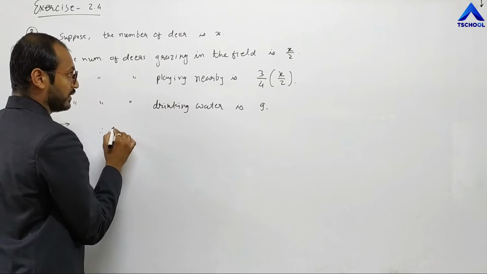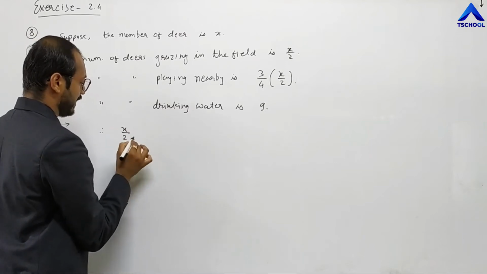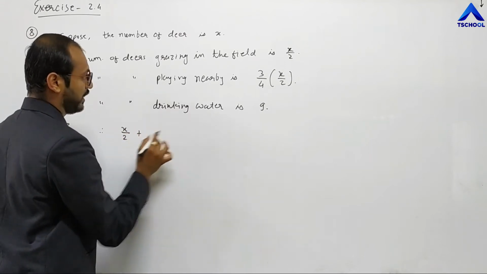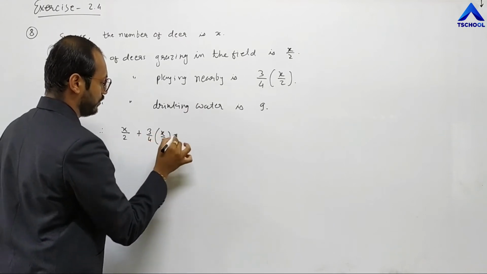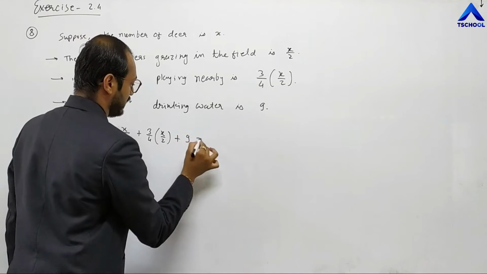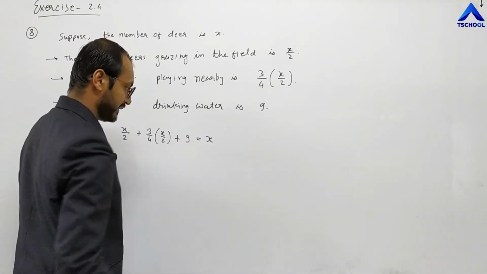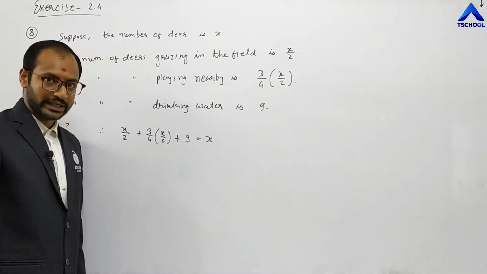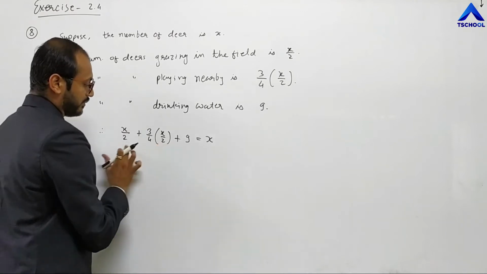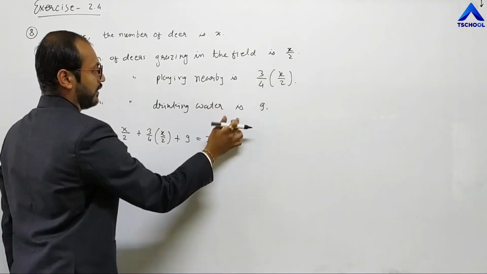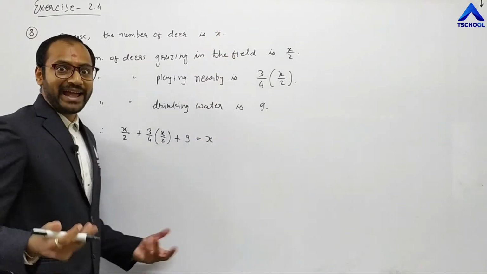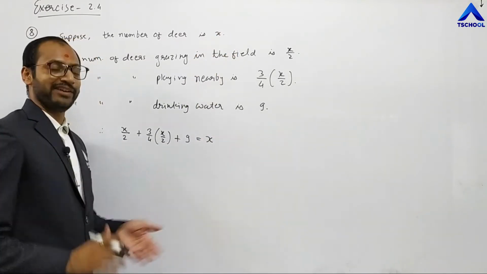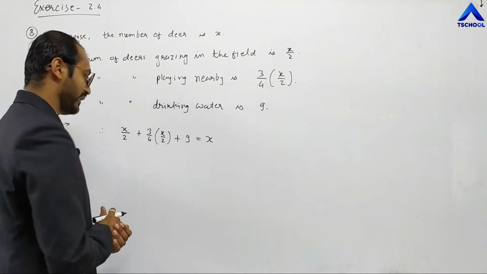So we can write an equation: x by 2 plus 3/4 of x by 2 plus 9 equals x. Clear? By addition of all these, we can say the total number of deer is x. Now we get an equation, so you can solve it very easily.